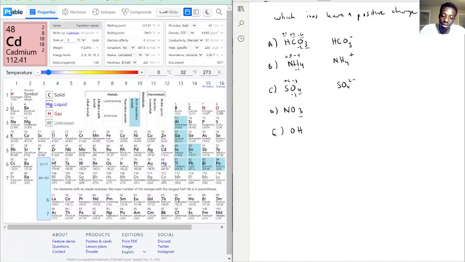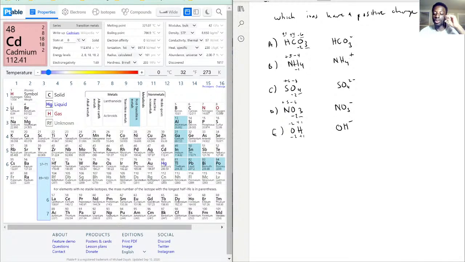NO3, nitrogen can also just be 5, oxygen minus 2, so it's minus 6. Okay, so NO3 is actually a minus, at least it should be, and OH, oxygen minus 2, hydrogen is plus 1, so it'll be OH minus.